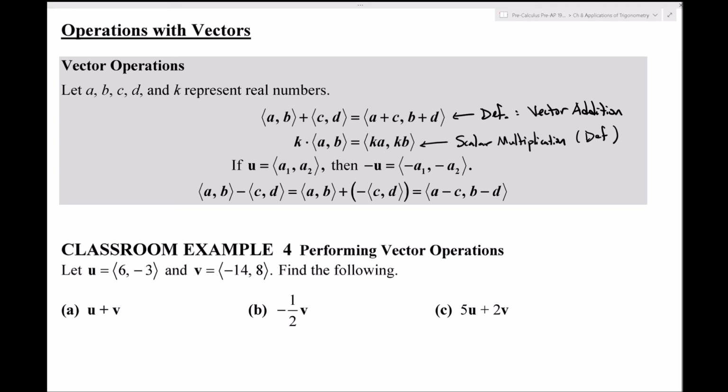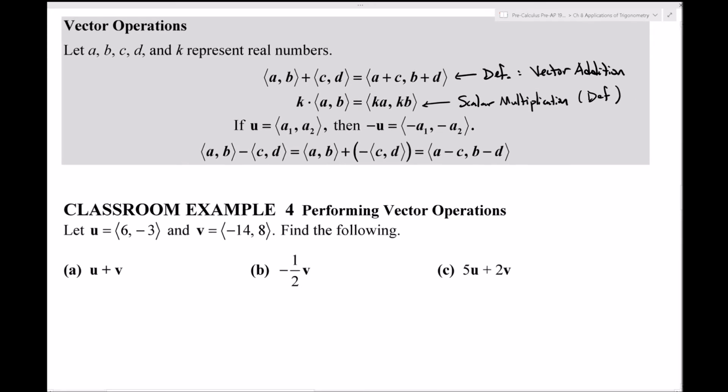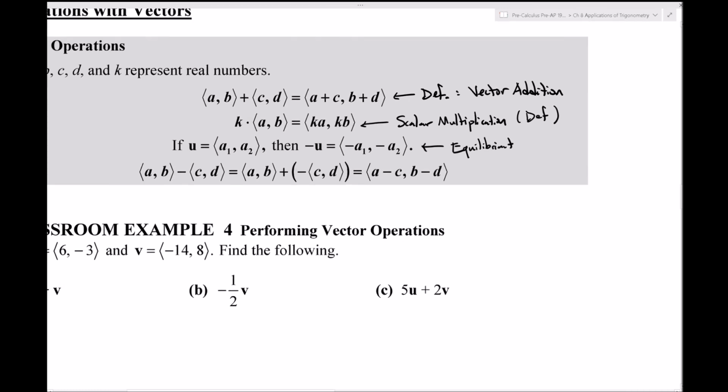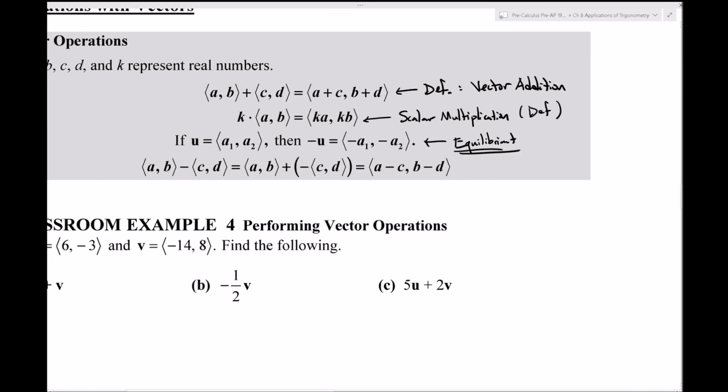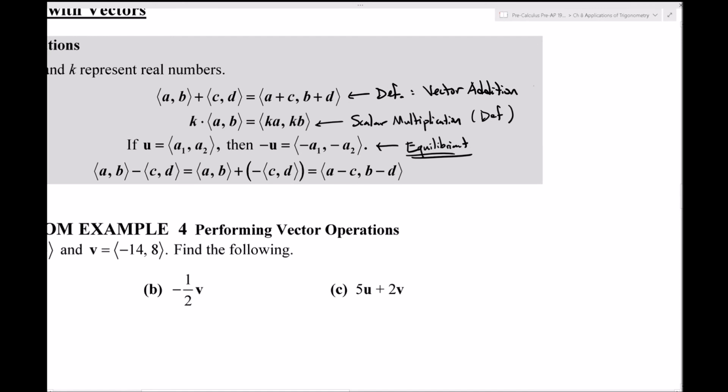As a result, if we define vector addition and scalar multiplication this way, this is what we call the equilibriant, the negative of the vector. Equilibriant, that's the physics term basically. Also, if you take the addition of two vectors, the result is called the resultant, also that physics term that we saw in 8.3.